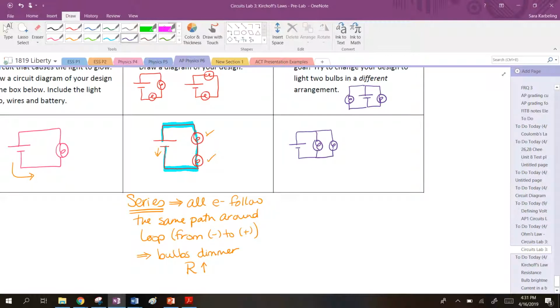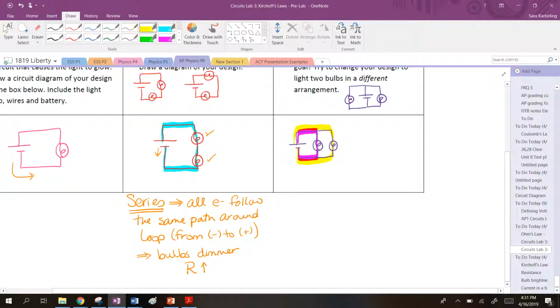In either of these situations, again, as an electron is going to fall from the negative terminal, it's going to go either through this bulb, or it's going to go through this bulb. Okay, so it's got two different options, two different paths.